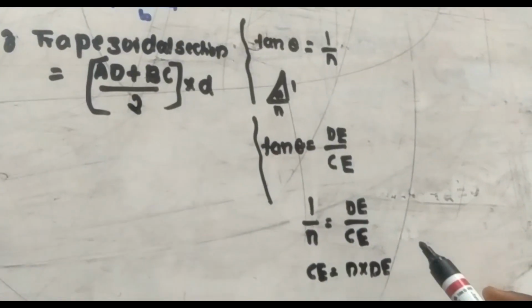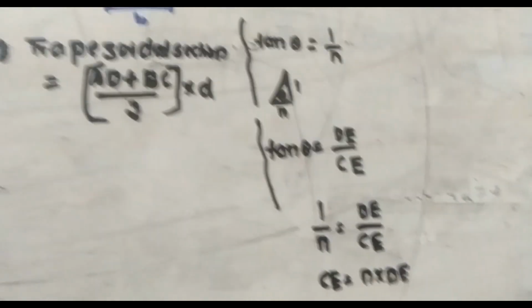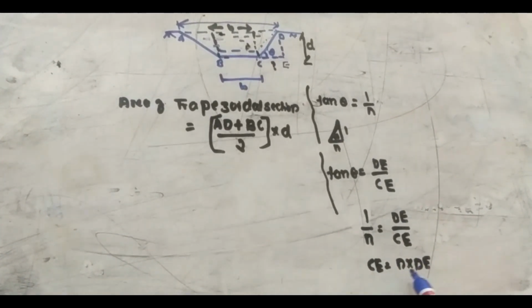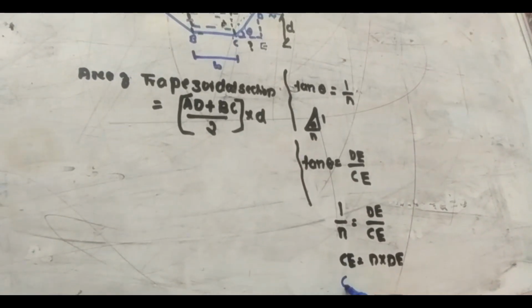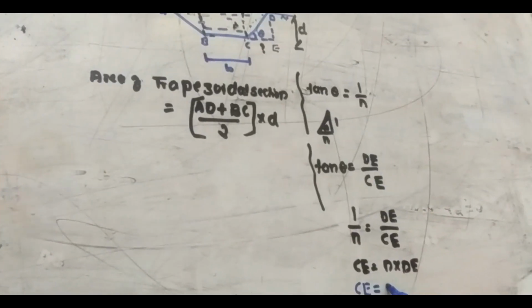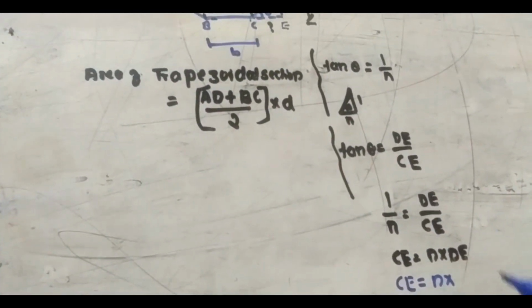We all know that C is equal to n into d, where d is the depth.